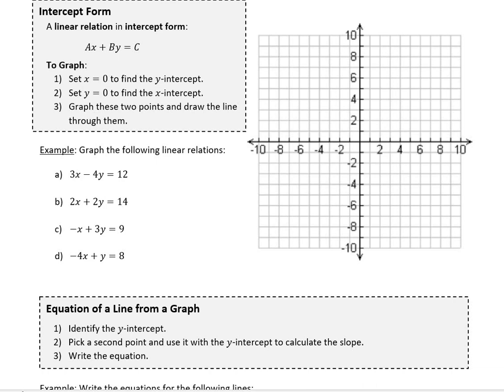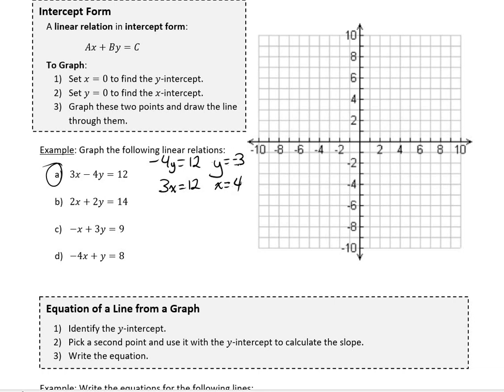Right. And then we graph those 2 points. Once we have 2 points, we can draw a line. So let's do a. So if 3x is equal to 0, we have -4y equals 12. So y is equal to -3. And if we let y equal 0, we have 3x is equal to 12. So x is equal to 4.